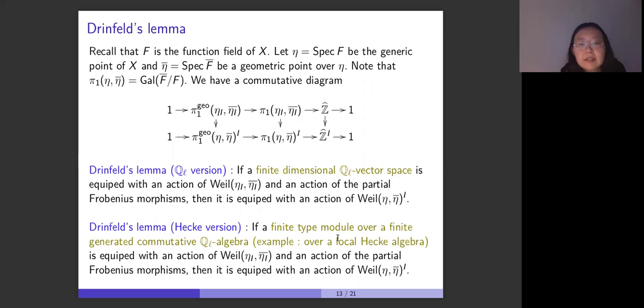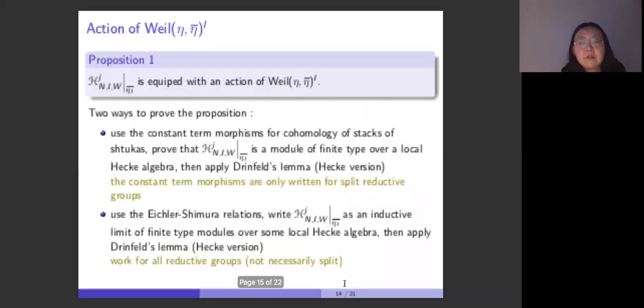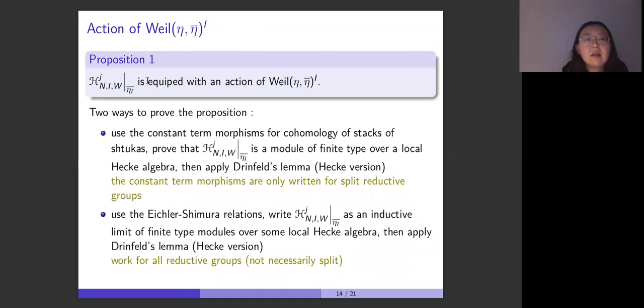So for a finite type module over a local Hecke algebra, if you have an action of V group of eta I and action of partial Frobenius morphism, then you get action of I copy of the V group. So applying Drinfeld's lemma to the generic fiber of cohomology, we get an action of I copy of the V group on the generic fiber of cohomology of shtukas.